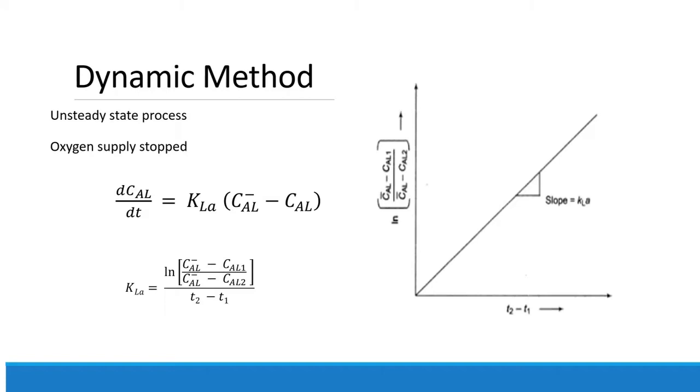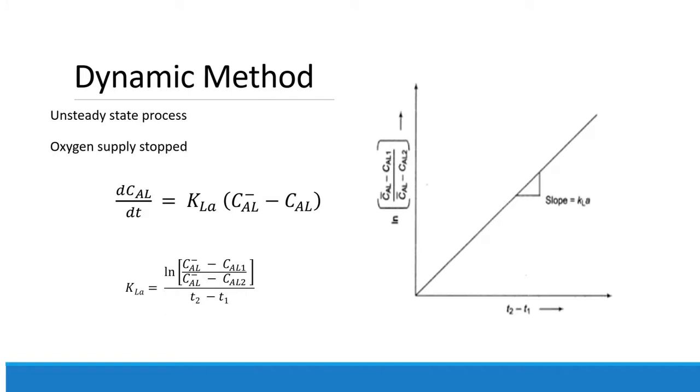Thus, KLA can be measured experimentally by measuring CAL1, CAL2, T1 and T2 by the application of the above equation. This is based on 2 points.